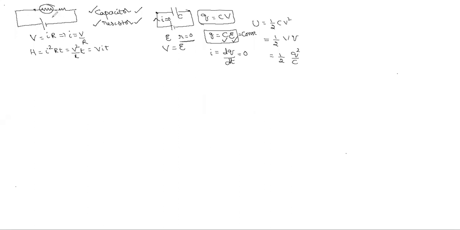Look at their behaviors, they are completely converse to each other. Am I right, Nana? One is not allowing the flow of charge, other is allowing the flow of charge. One is storing the charge, other is not storing the charge. Means contradictory properties we are seeing here in the two, capacitor and resistor. So all of you followed this point, Nana?